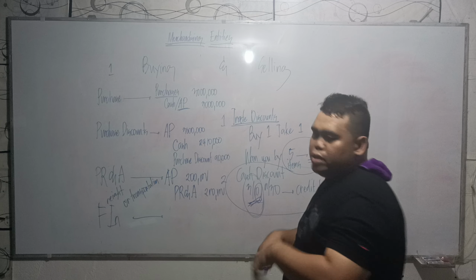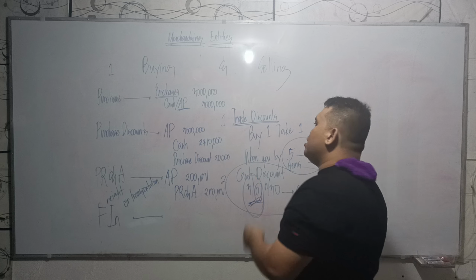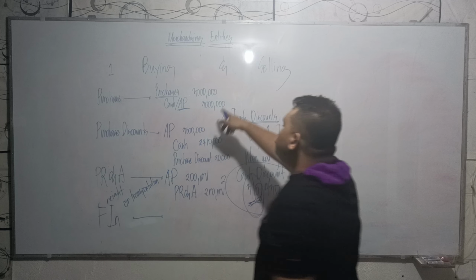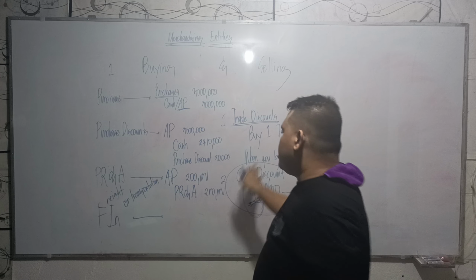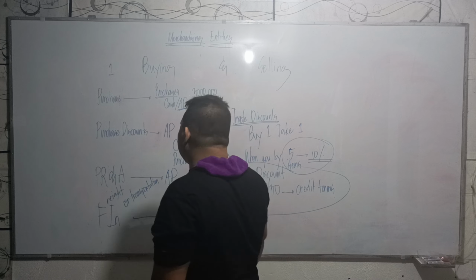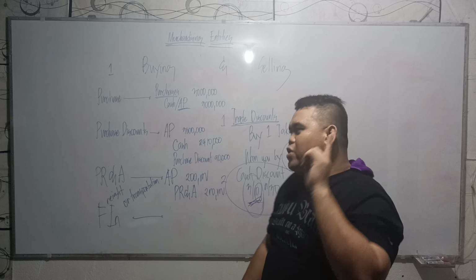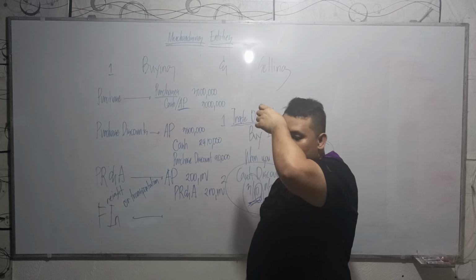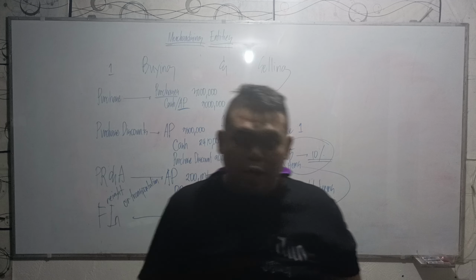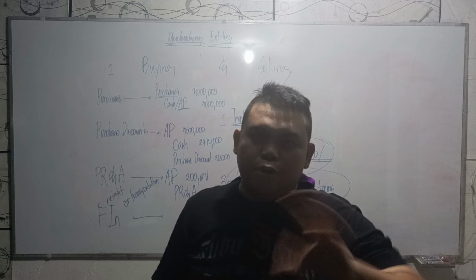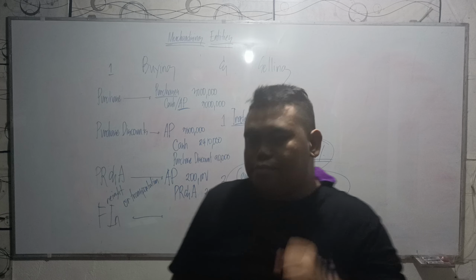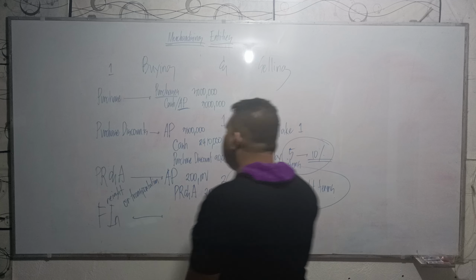Because if you are going to be asked how much is the net purchases, of course, you have gross purchases, minus purchase discounts, minus purchase returns and allowances. But you have to add transportation in or freight in. Okay? So it's included in your purchases. Why? Because it's related to your purchases.